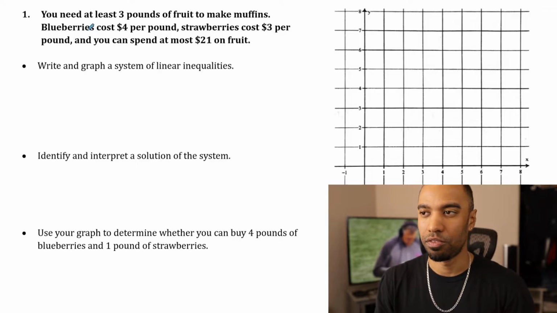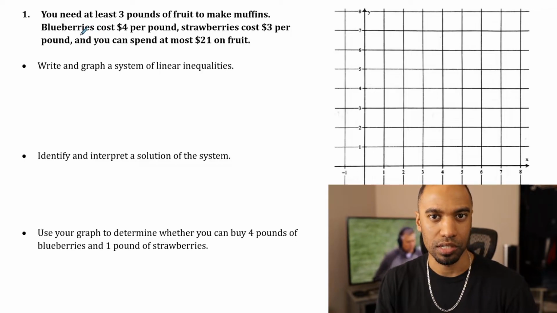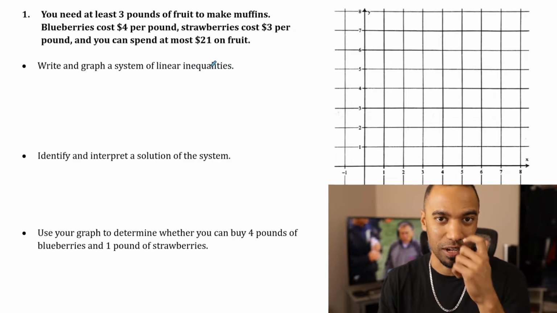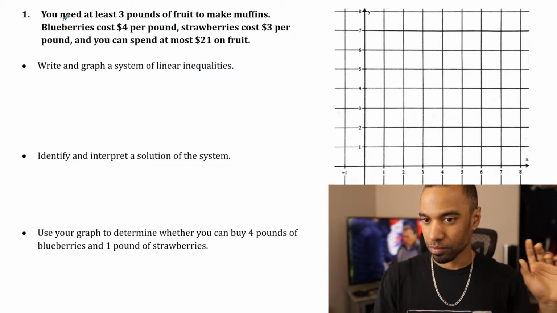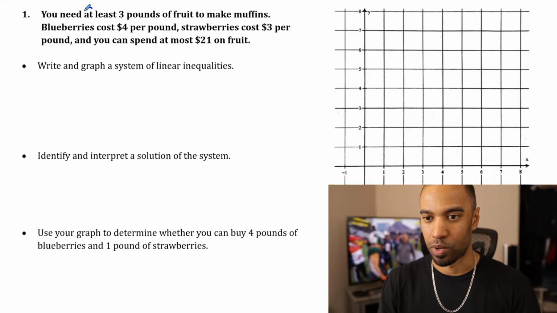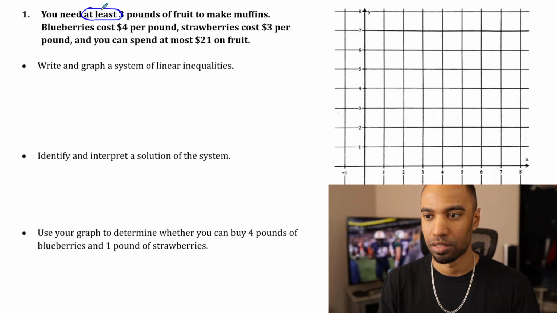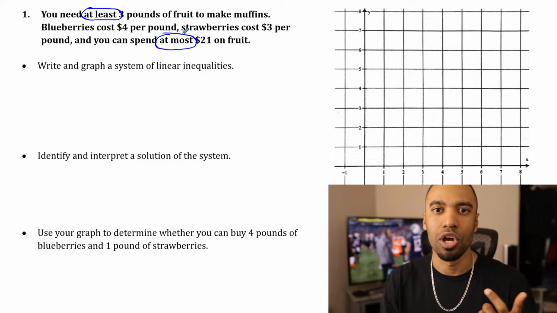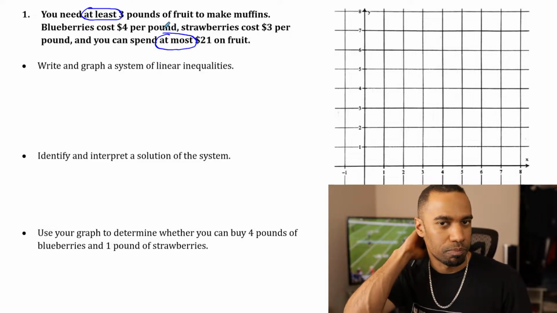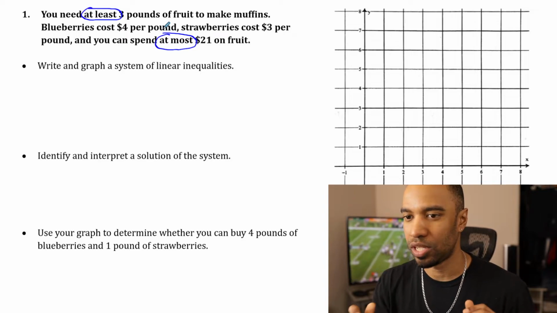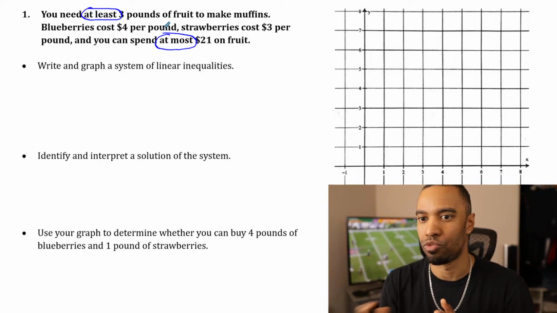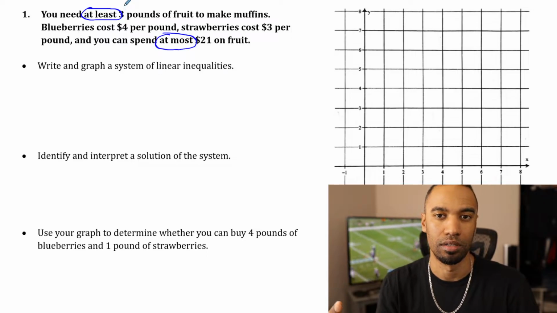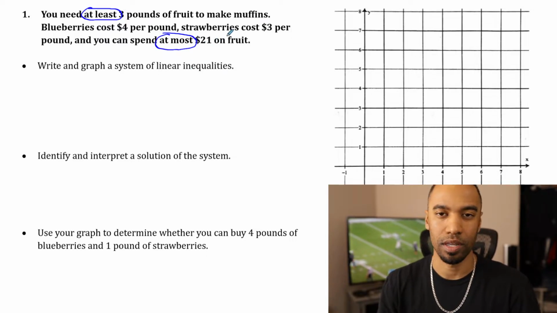So to answer the question first, how do I know it's not a system of equations, besides the fact that we said system of inequalities, is there are some words like this one, at least, and at most. And there, you might see no more than or no less than, something like that. These kinds of words say that you don't have to land right on those values. I don't need exactly 3 pounds of fruit. I can have more. And I don't need to spend all my $21.